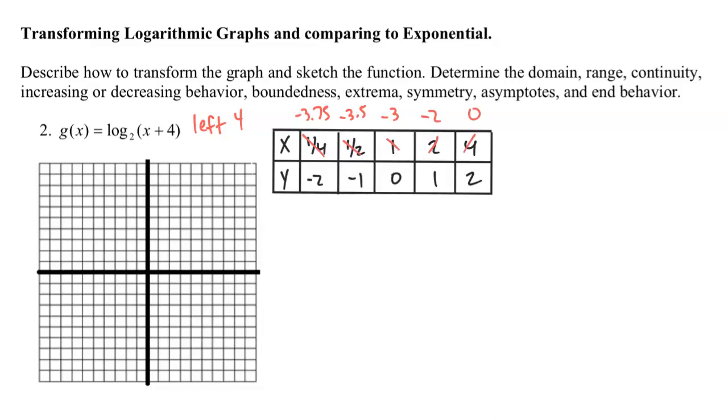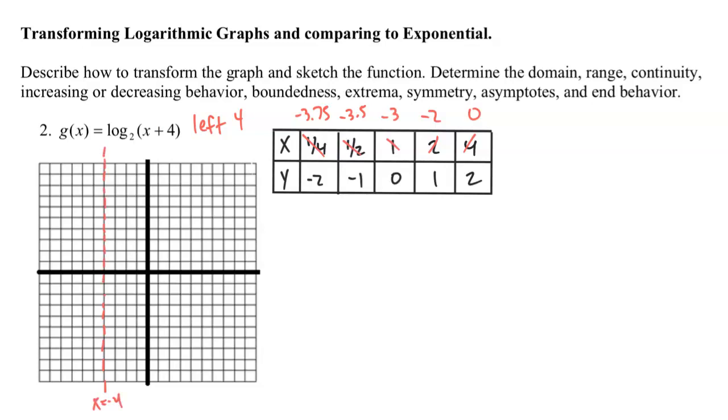And so what's going to happen to the graph is instead of having that vertical asymptote at x equals 0, you're now going to have that vertical asymptote at x equals negative 4. And so that's going to be right here at x equals negative 4. That will be your vertical asymptote.